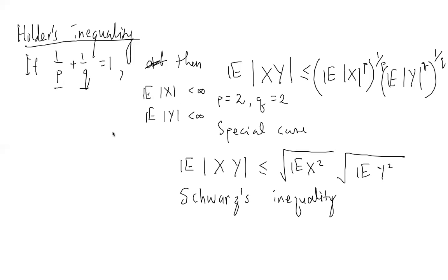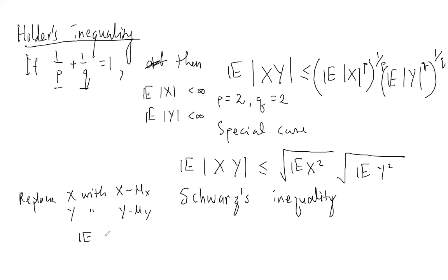Now the Schwartz inequality is a very interesting result. Suppose you replace x with the centered form, x minus mu x, and y with y minus mu y. Let's look at what you will get.